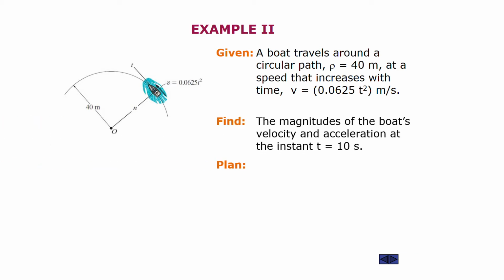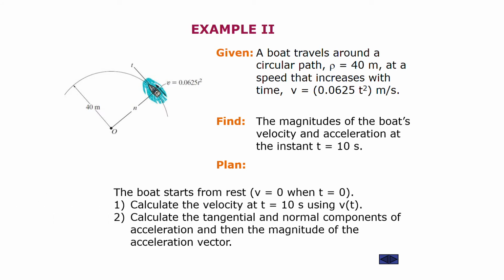Find the magnitudes of the boat's velocity and the acceleration at the instant when t is equal to 10 seconds. The boat starts from rest, so you have to assume that at that position, that is the origin, v is equal to 0 and time is equal to 0 at that instant.